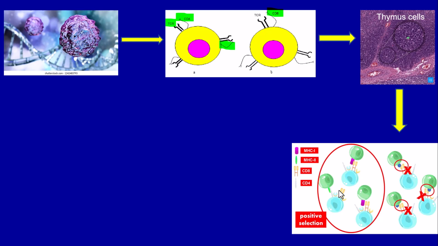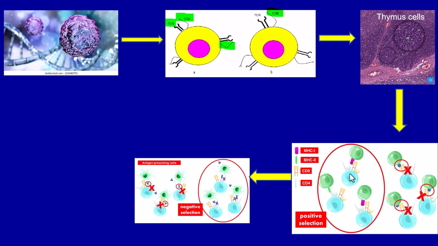This positive selection causes these cells not to react to the MHC1 or MHC2 molecules which are present on every nucleated cell in the body, which we have discussed in the major histocompatibility lectures 1 and 2. Now these cells also contain receptors. These receptors are also checked by the thymus cell, and their acceptance or rejection is checked.